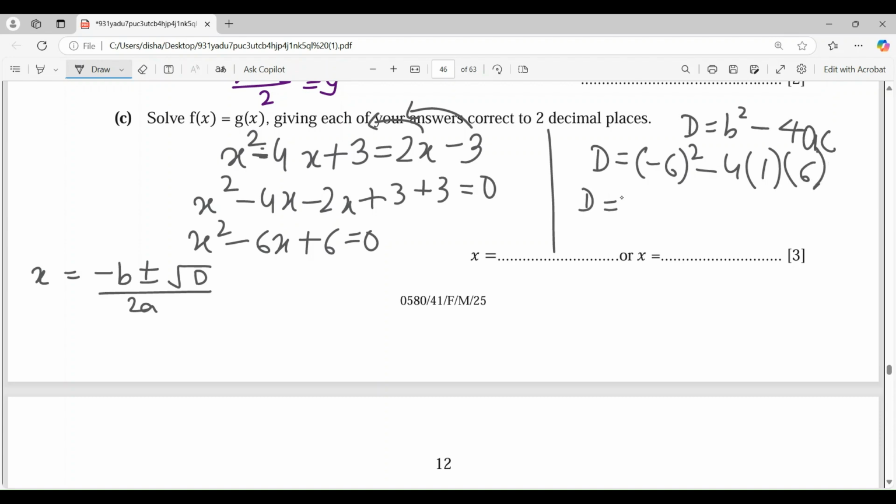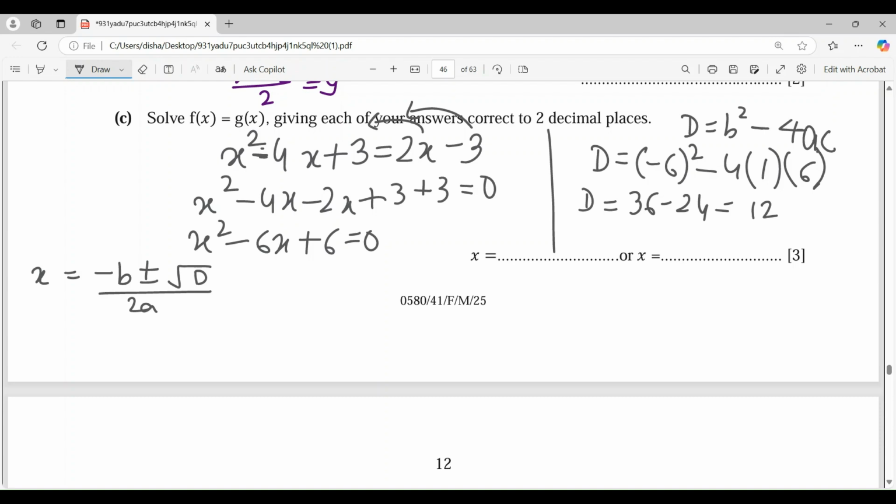So d will be 36 minus 24. So that gives you 12. So d is 12.